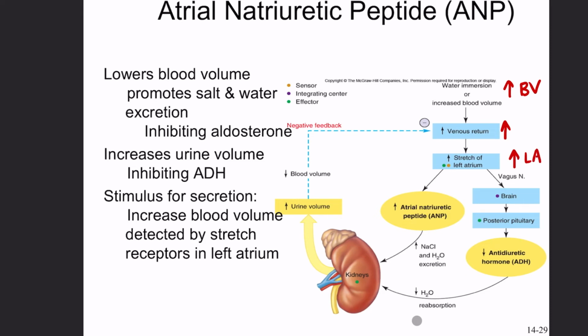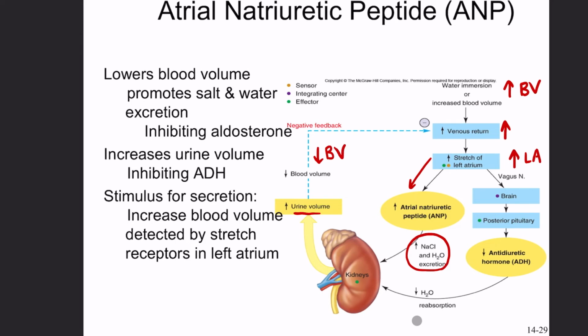This is going to cause release of ANP. And what that does is it does the opposite, it's antagonist to aldosterone. It's going to increase salt excretion, and so if it increases salt excretion, water is going to follow, and it increases water excretion. This is going to increase our urine volume, but it's going to decrease our blood volume.